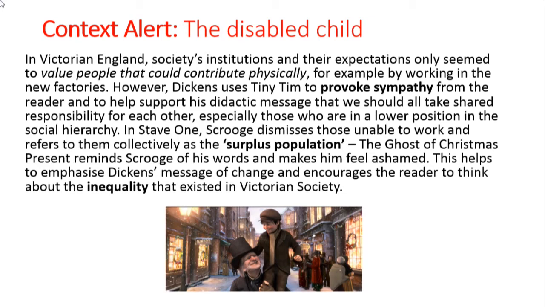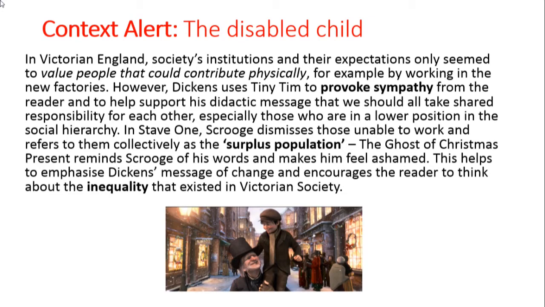Now, I have to remind you of a very hideous quotation from Scrooge in Stave 1, where he clumps all of those that don't work, the vulnerable, the working classes, in one big basket as the surplus population.